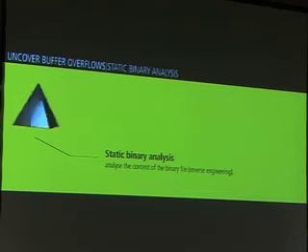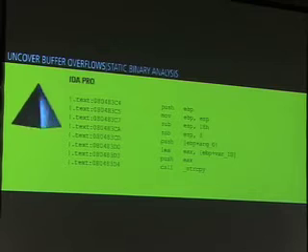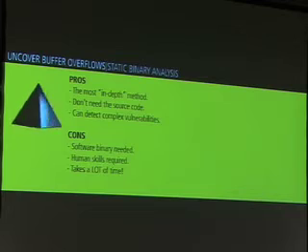Then, if you have just the binary file, you can try to do a static binary analysis. It's quite hard. In this example, it's the same function using a tool called IDA. The pro is that it's the most in-depth method.